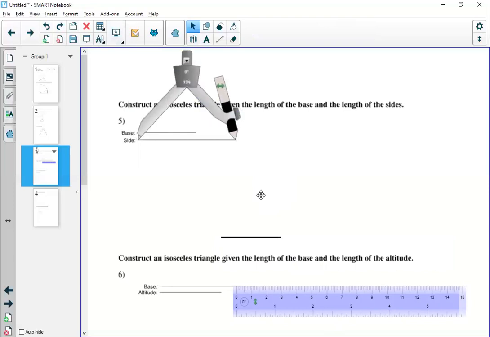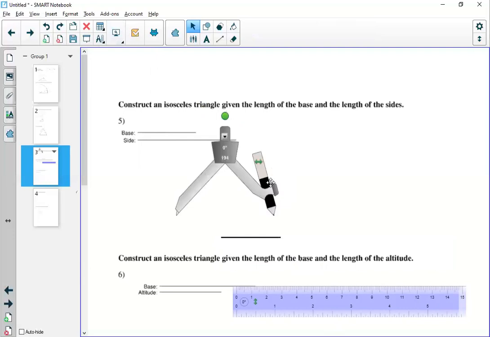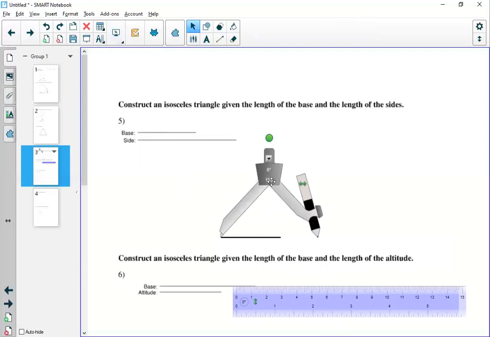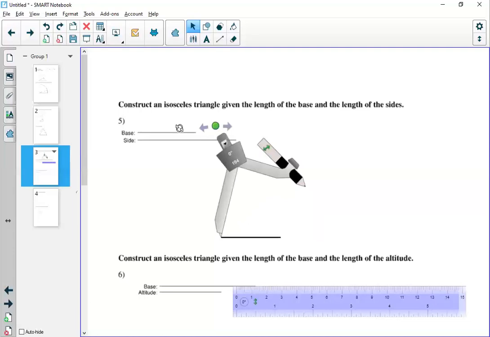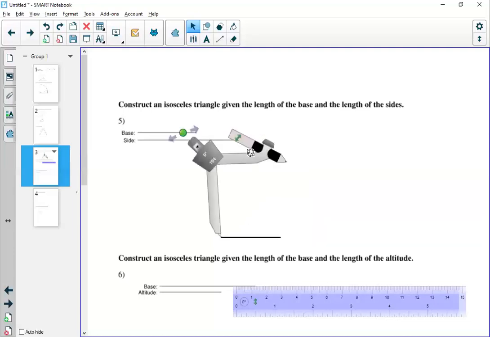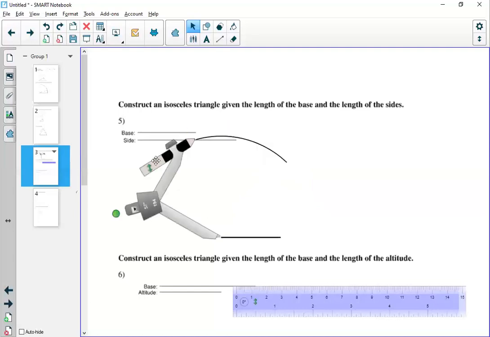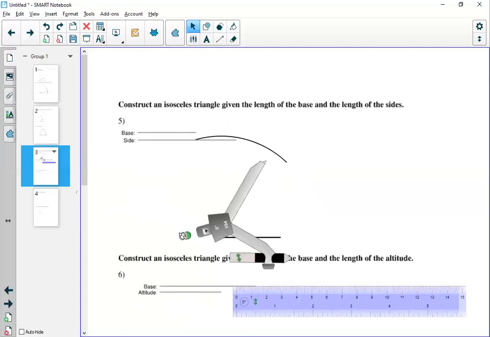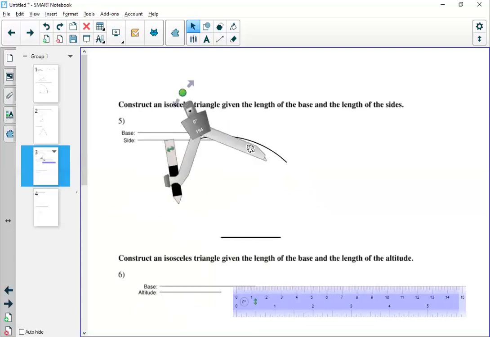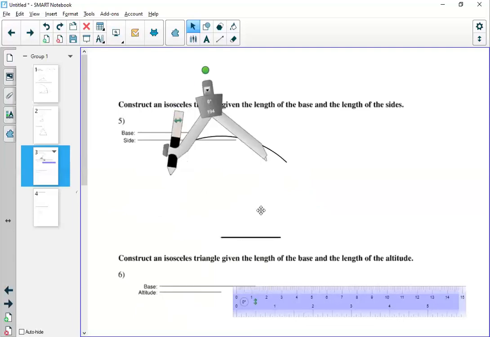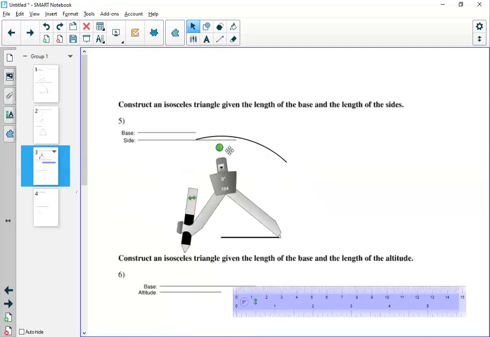Good. Then at one end, the left end of the straight line, the base, place the sharp end of the compass, let that be the center. Then draw an arc. Then you come to the other end of the base. Let's bring the compass to the other end of the base.